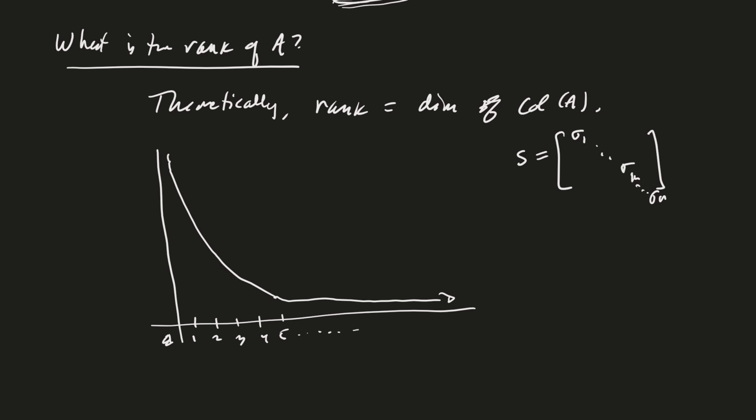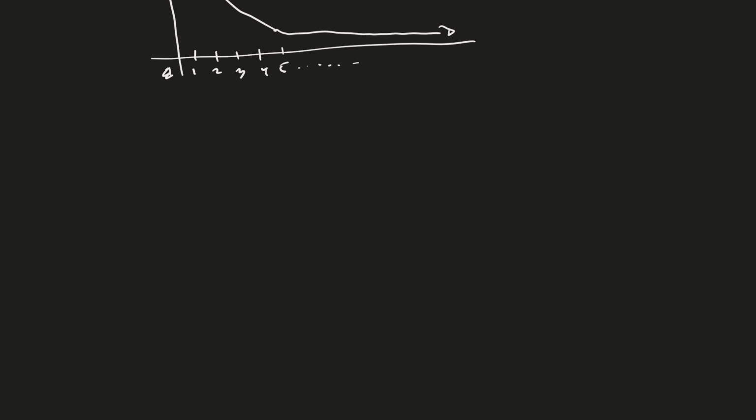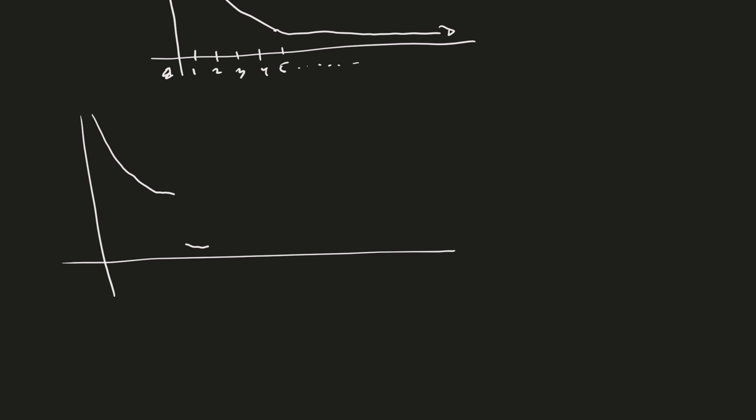And so the question then, if you have a curve like that, is what in the world would be the rank? Hopefully it's not so hard to determine. What you're really hoping for is that you'll see a big break or a jump, right?